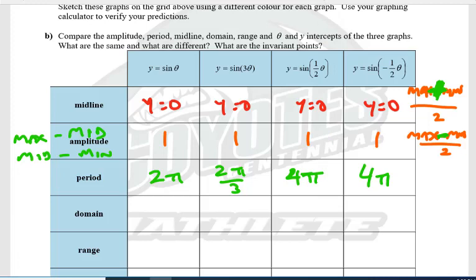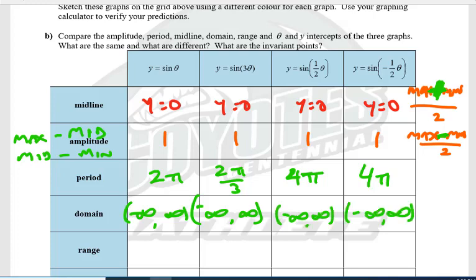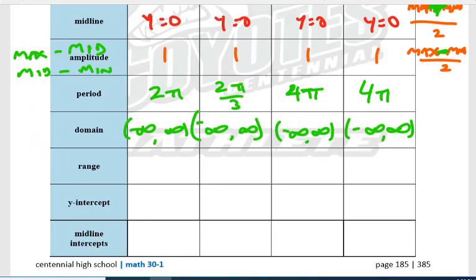The domain with all of these is from negative infinity to infinity. This graph keeps going to the left, keeps going to the right. And our range, these graphs have been affected horizontally, not vertically. So our range is the same. Why did our range not change? Because this was a horizontal change.